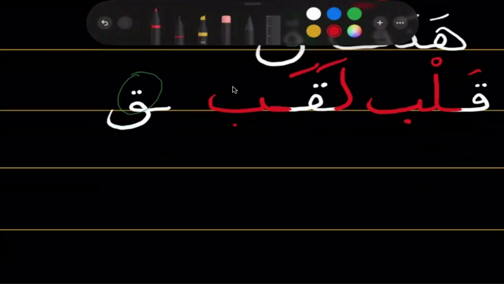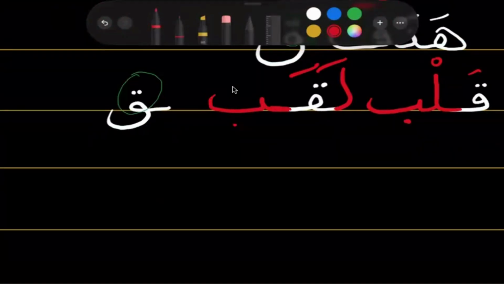A laqab is a nickname, like Zainul Abidin, the adornment of the worshippers. That could be someone's nickname. Or what was Khalid ibn al-Walid's nickname, his laqab? It was Sayfullah, the sword of God. A laqab can be good or bad, for praise or dispraise.